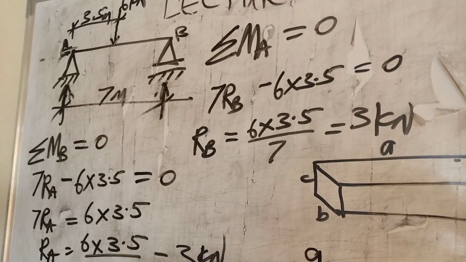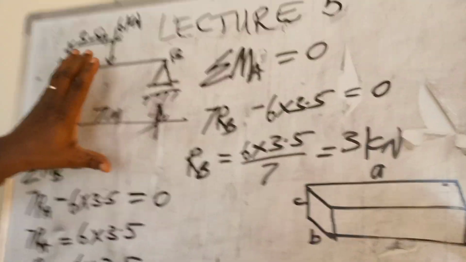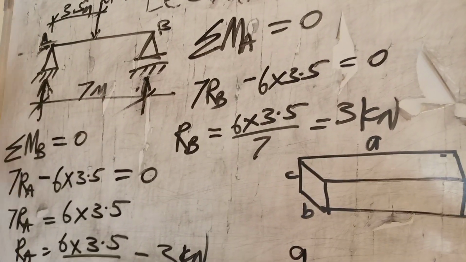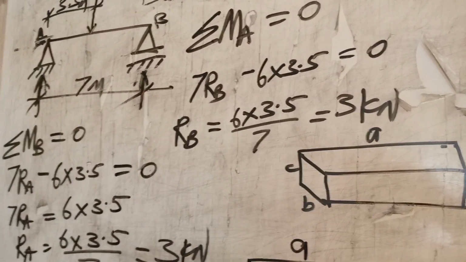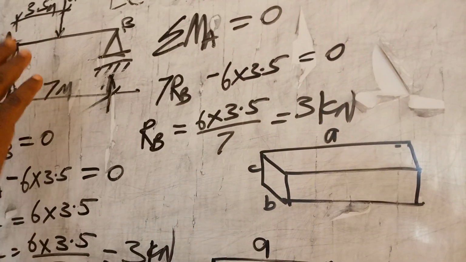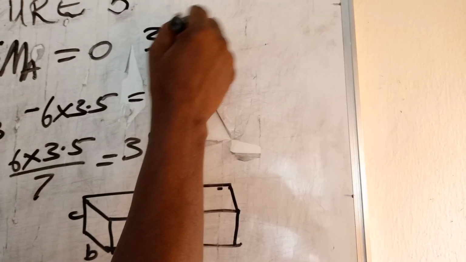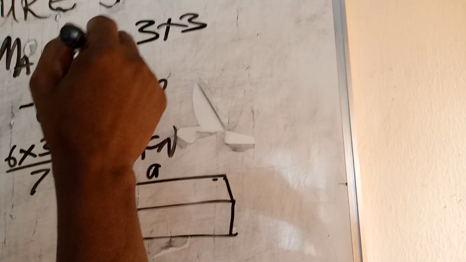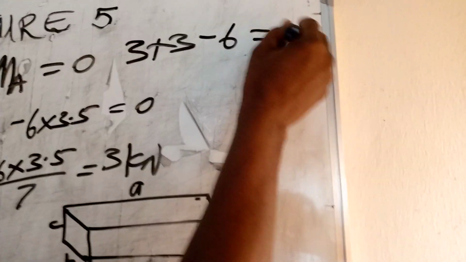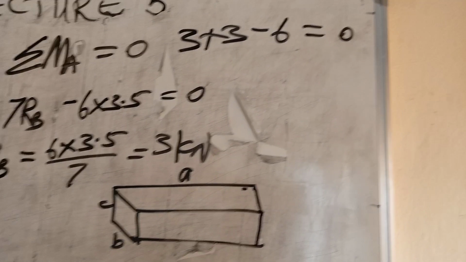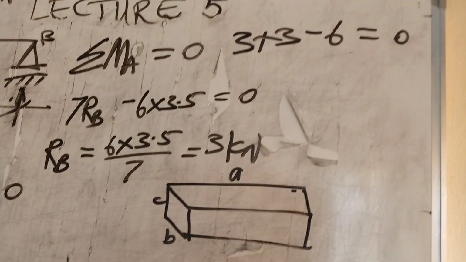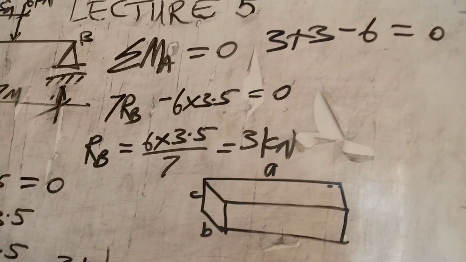Because the structure is in equilibrium, the summation of the vertical forces will give you 0. So if you add, vertically up is positive and vertically down is negative, that's 3 plus 3 minus 6, which should give you 0. If it didn't give you 0, you've made a mistake, and you look back and see where your mistake is coming from.